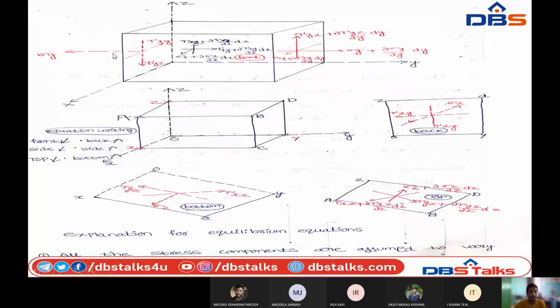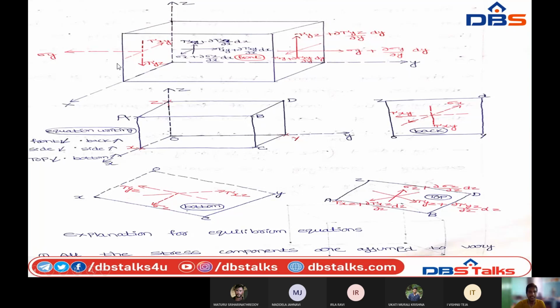That means on one side I am pulling the cube with a thread. The deformation on the opposite side will be sigma y plus dou sigma y by dou y dy.